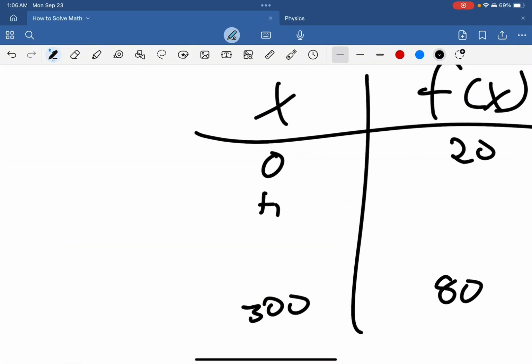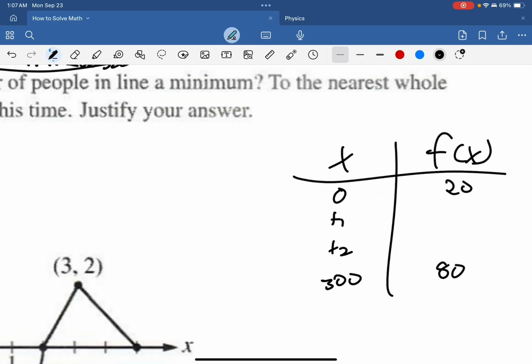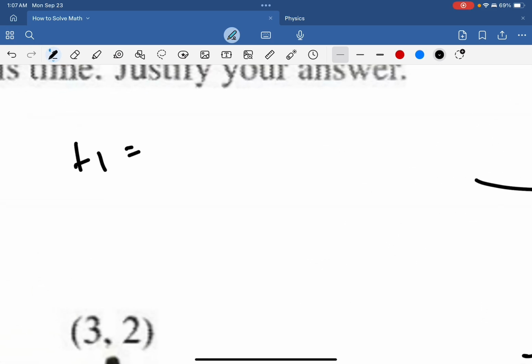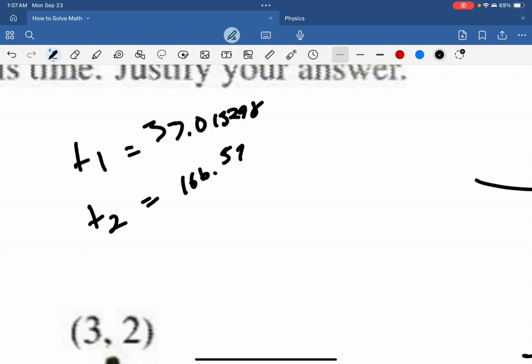You get time 1 and time 2. Your time 1 is going to equal 33.013298, and your time 2 is going to be 166.57472.